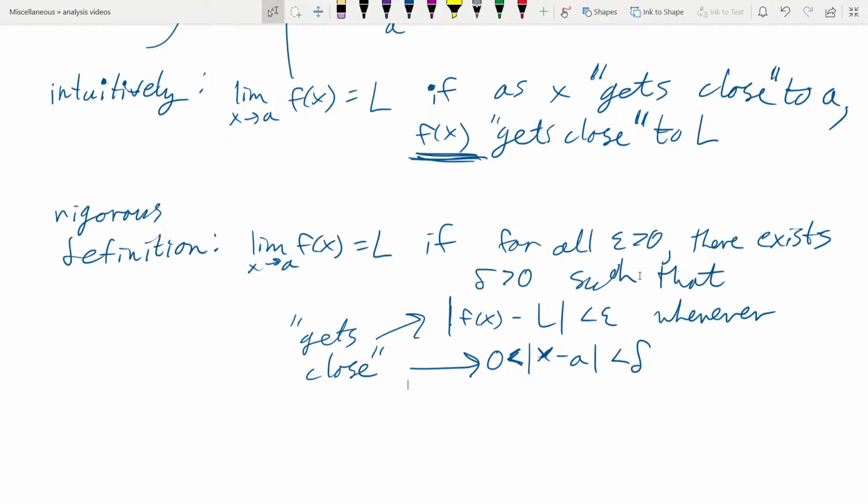F of x can be made as close as we like to L, provided we only make x sufficiently close to a.